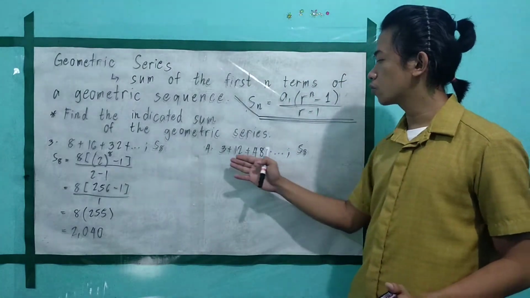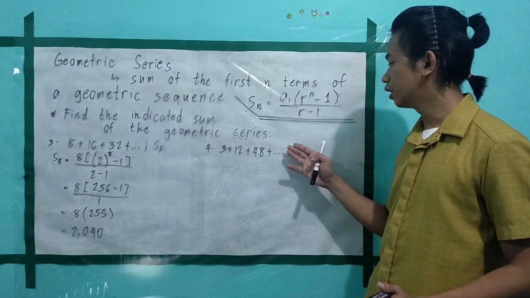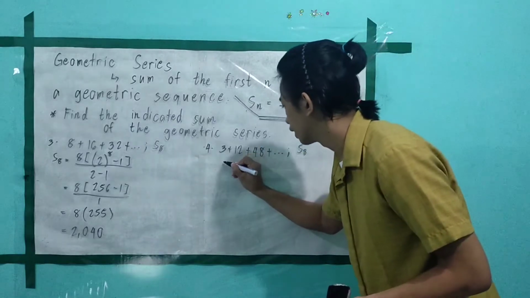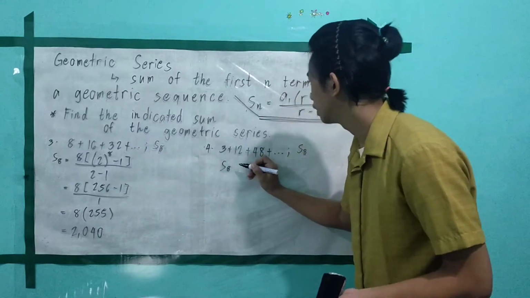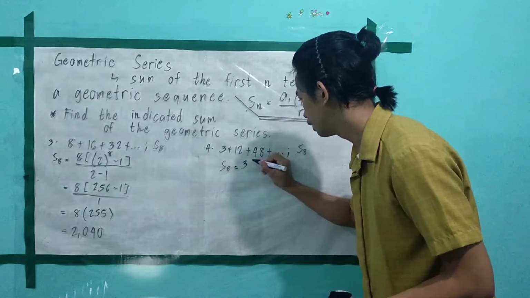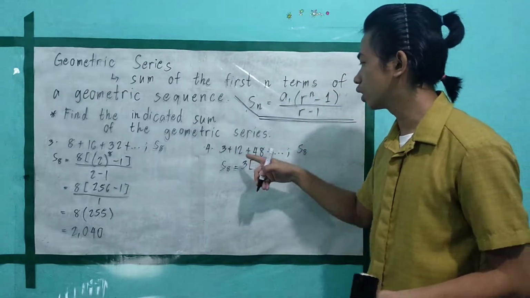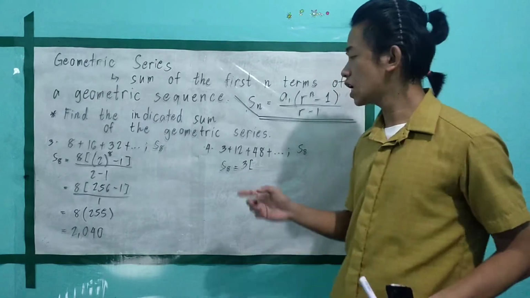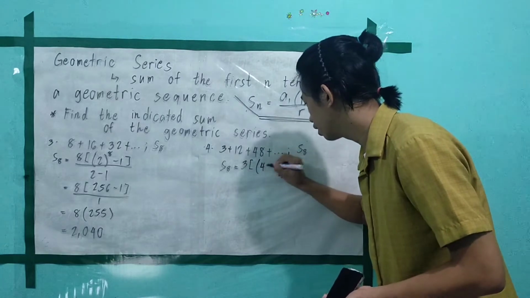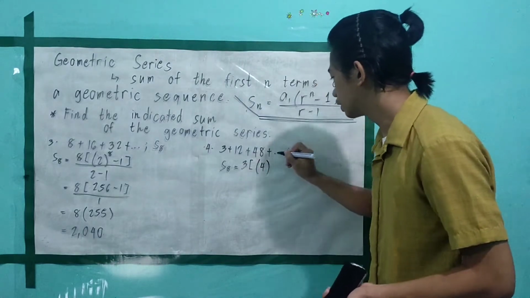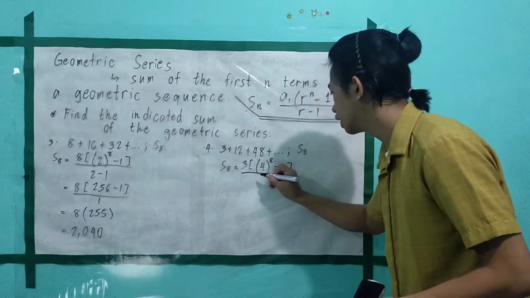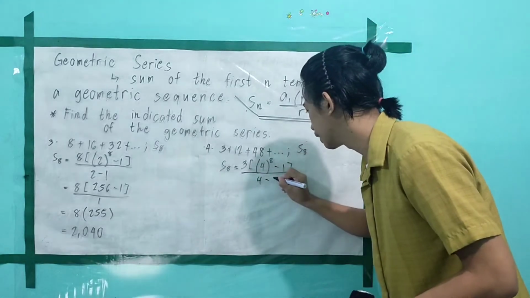In our problem number 4, we have 3 plus 12 plus 48 plus ellipses up to S sub 8. So, solve natin siya. S sub 8 is equal now to A sub 1 natin, we have 3 multiplied to the common ratio. Ano ang common ratio natin dito? 12 divided by 3, we have 4. Raised to how many terms? 8 less 1 all over the common ratio 4 minus 1.